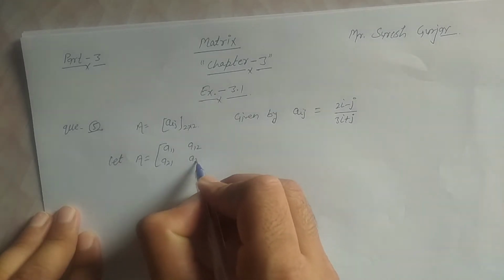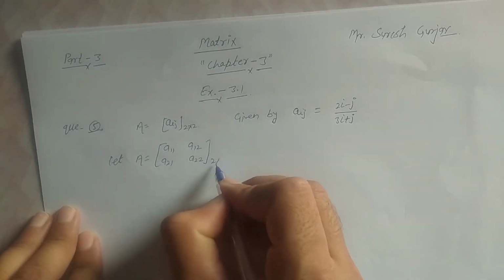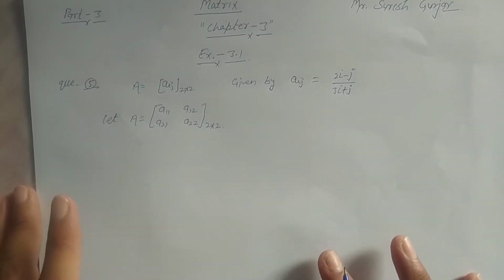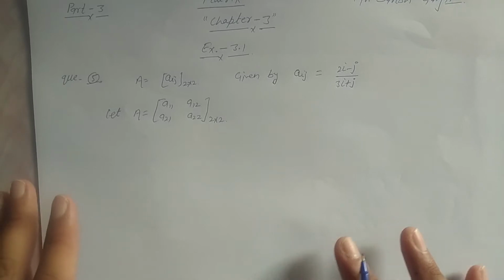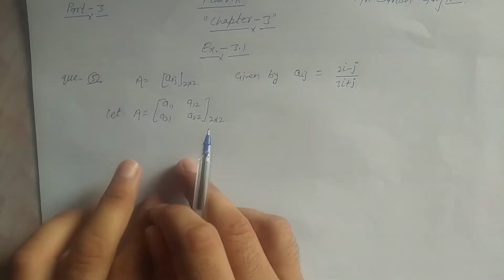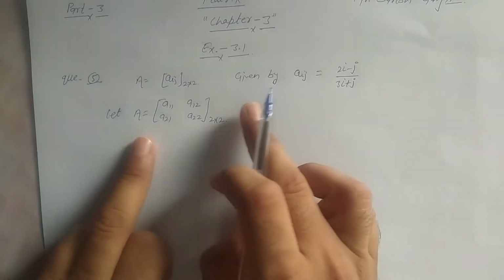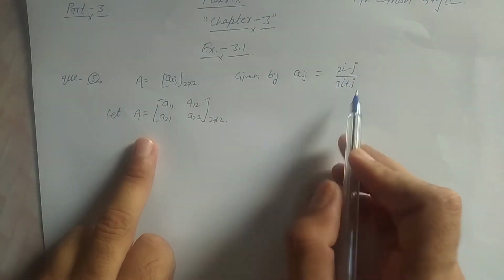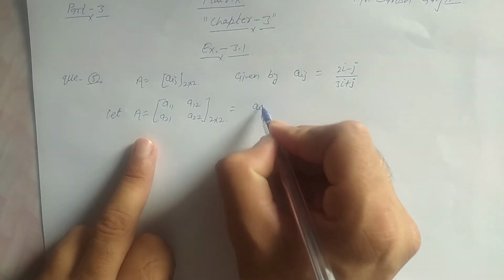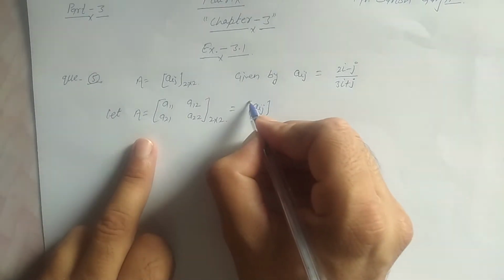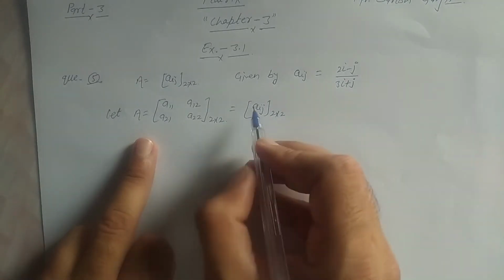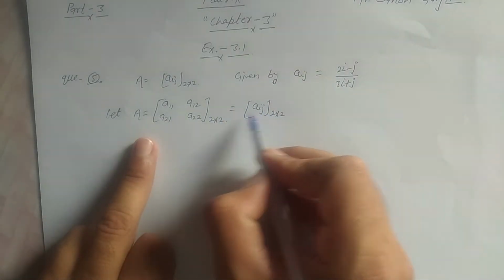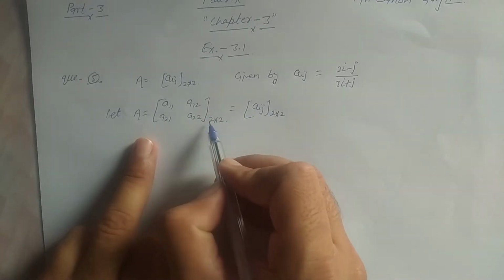We find the value of matrix A given by Aij equal to (2i minus j) upon (3i plus j). It means we need A11, A12, A21 and A22.